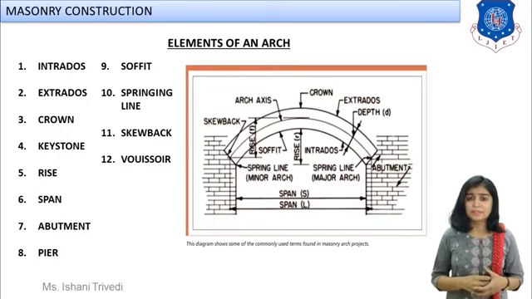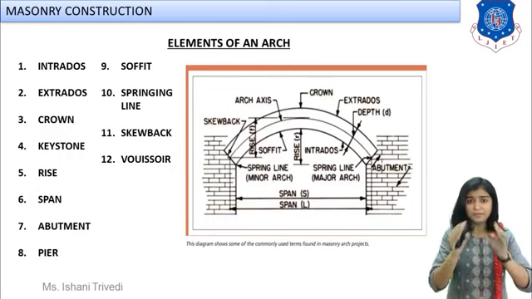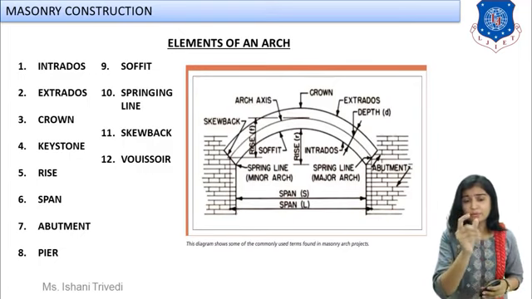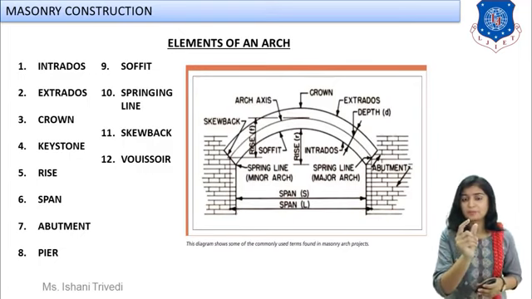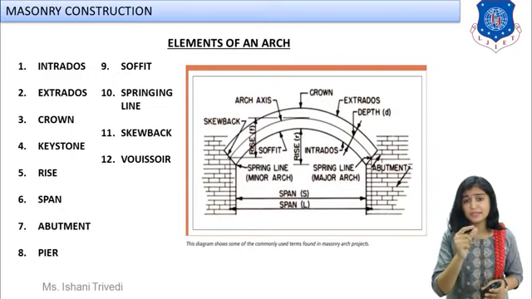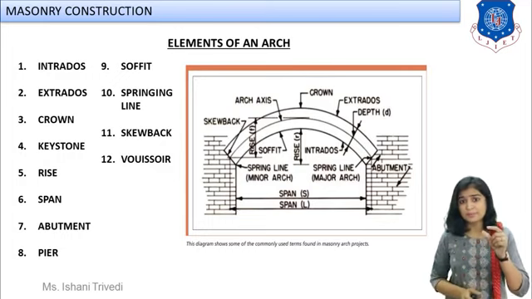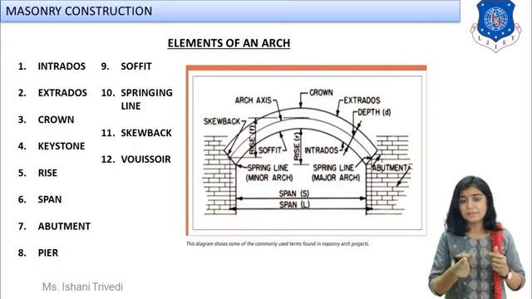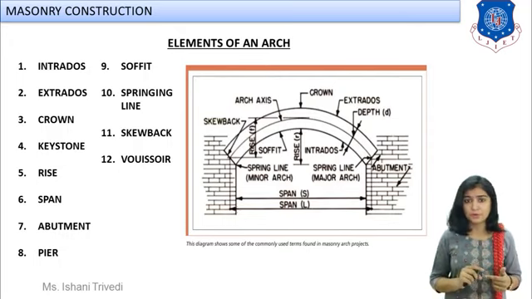So here, let us start with the curving part, with the arch. Now first of all, you know that an arch will be constructed with the help of wedge shaped blocks. Those wedge shaped blocks by which you are constructing the arch, let us give them a name. Those are known as voussoirs. Do we have voussoirs over here? Yes, the 12th definition.